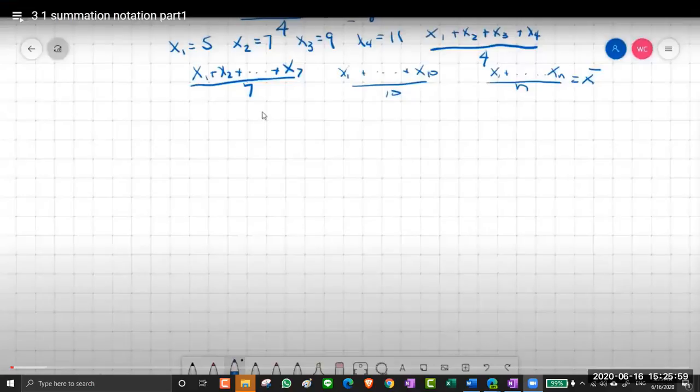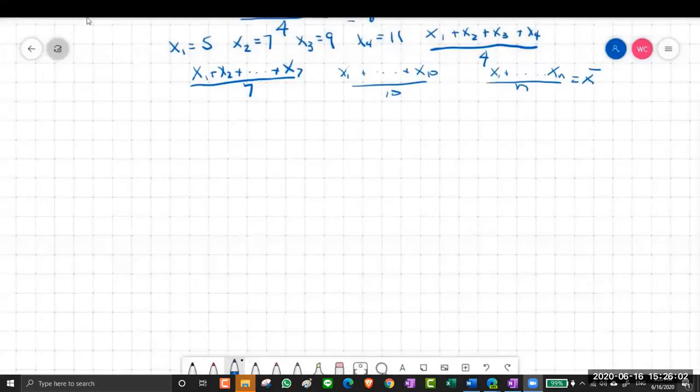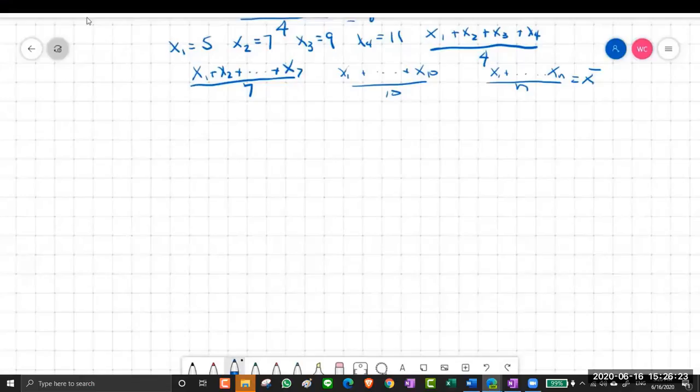Okay, let's also introduce or review another notation, which is called the sigma notation. I think everybody might know some Greek letters. For example, you might know the Greek letter for A is alpha, and the Greek letter for B is beta.